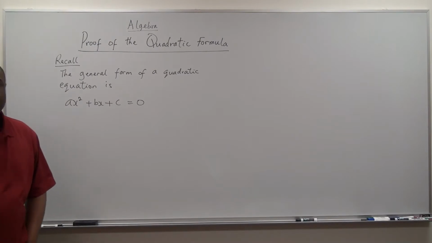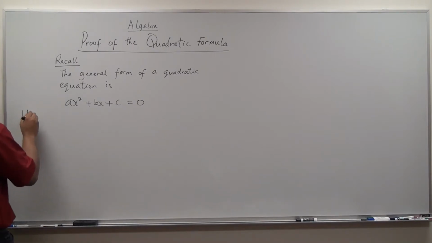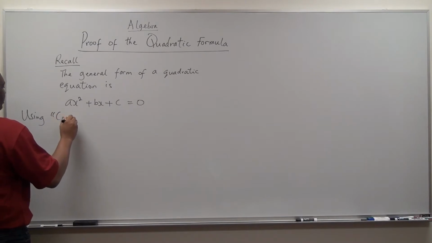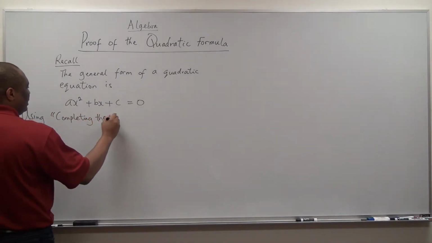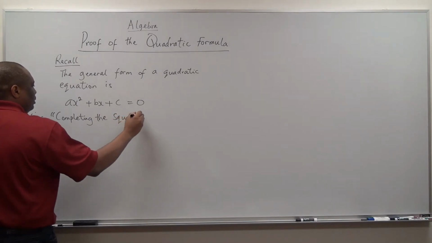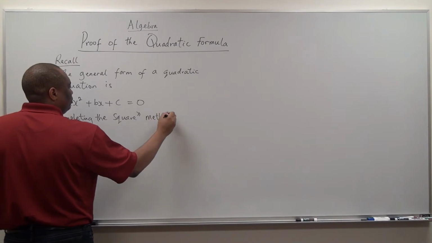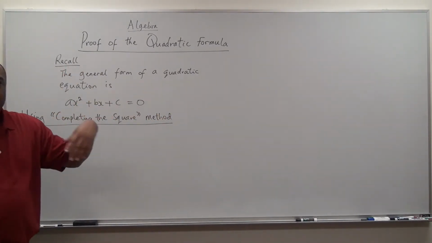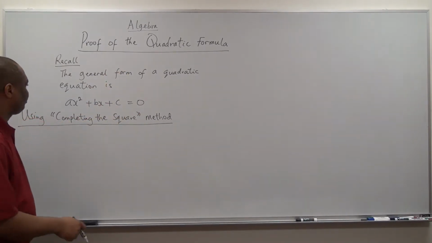Recall this, we've done it. So we're going to use the completing the square method, because that is what we will use. After this video, I will get the formula, then in the next video I will solve questions using the formula.